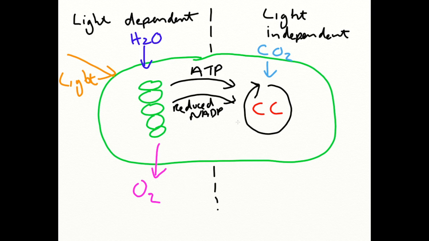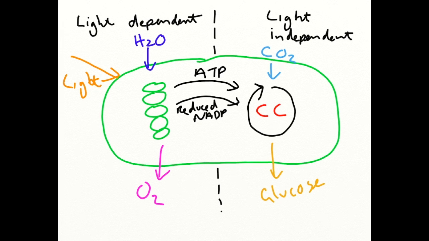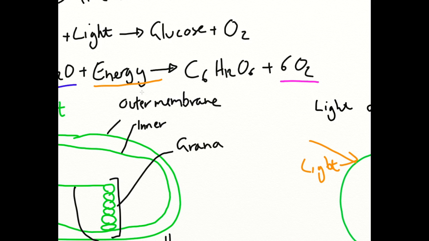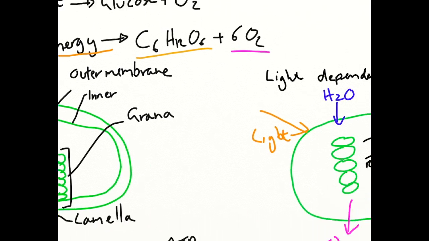The ATP and reduced NADP are also in the Calvin cycle, and out of that comes what we wanted, which is our glucose for the plant or organism to use. So that's all the products that go in and all the products that come out.